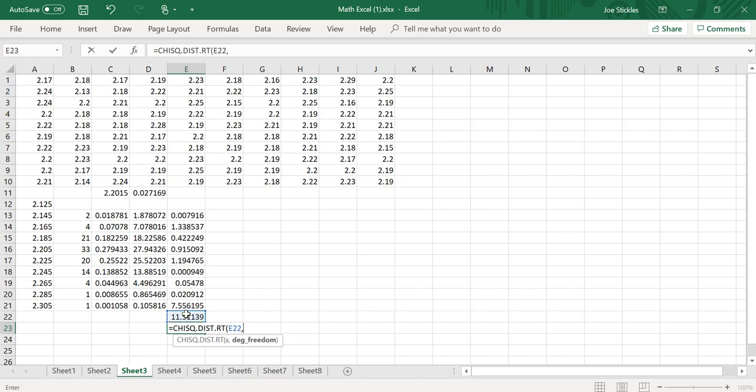How many degrees of freedom do we have on this one? How many classes do we have? There's 9, so we lose a degree of freedom for the last class. That's 8. We estimated how many parameters? 2. So we're down to 6.